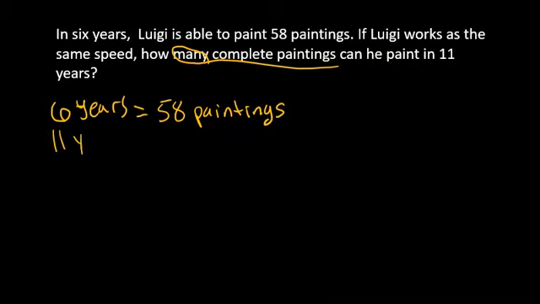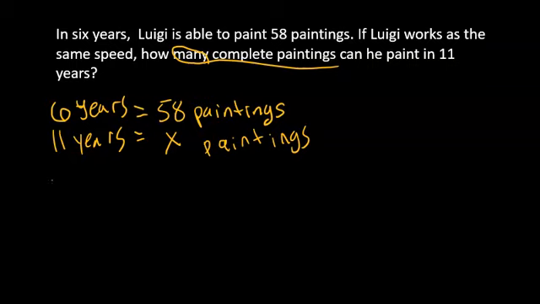Well, we have 11 years here. Now we're trying to figure out how many paintings he can put together in 11 years. We already know what he could do in 6 years. We know he can do 58. But what about 11 years? We can try to estimate, but the thing is, 6 plus 6 is 12, and then you have 11 years, and it gets tricky. So we got to do the proportion thing.